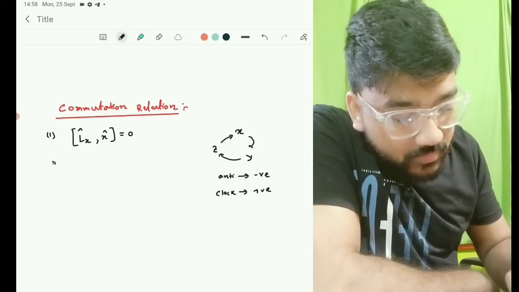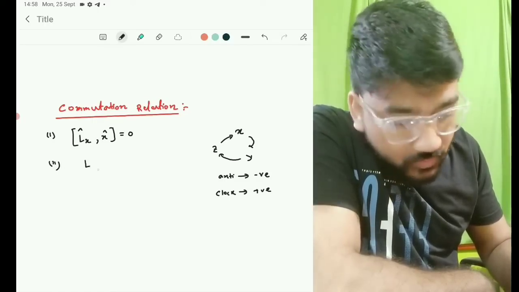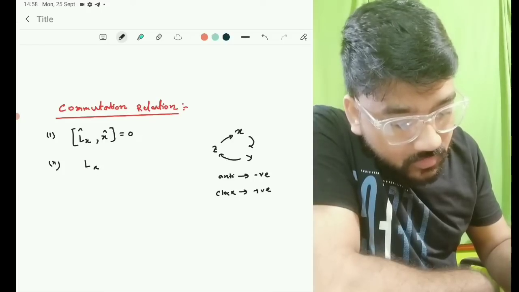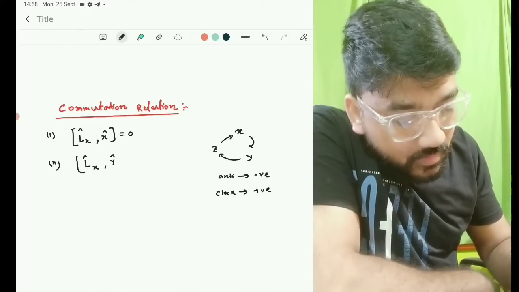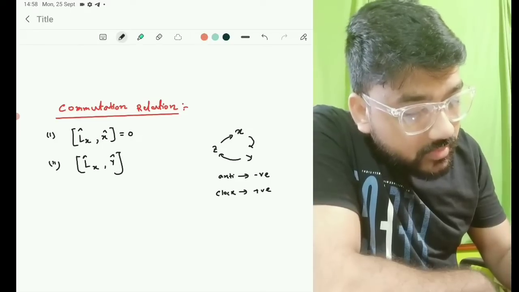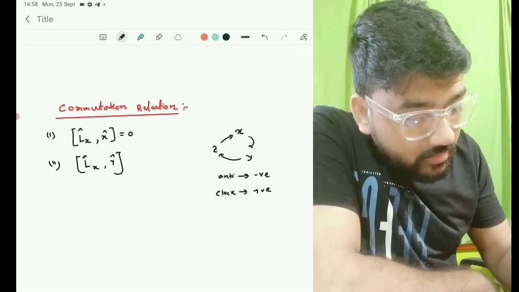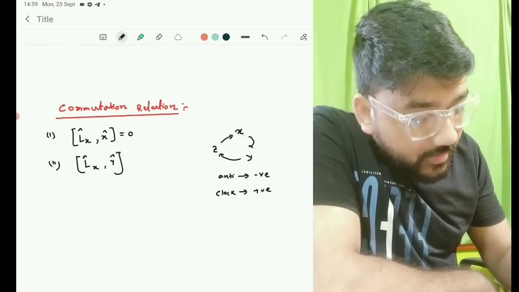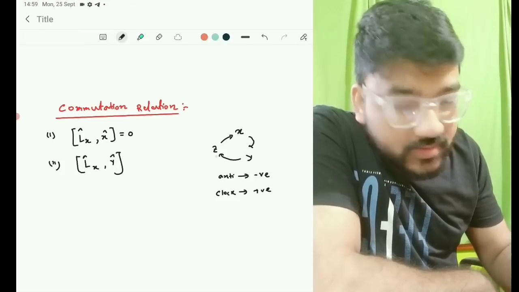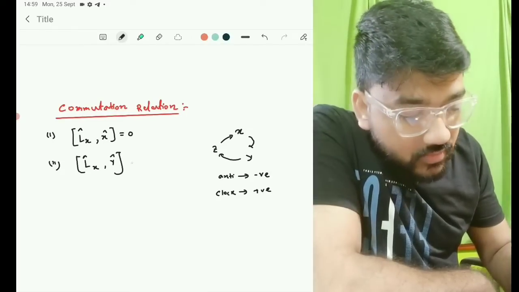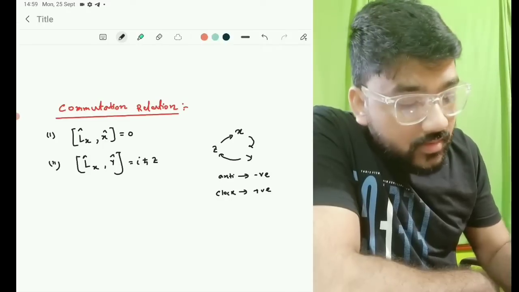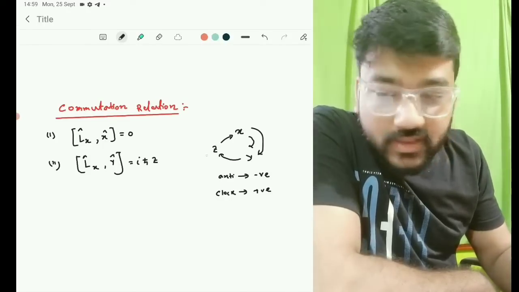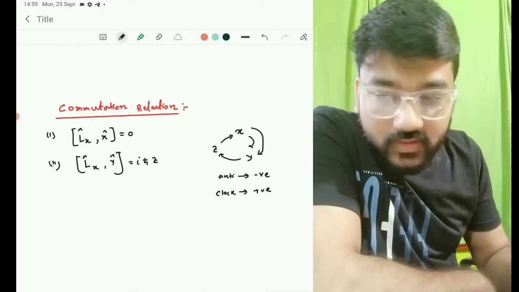But if you talk about Lx with y, then what will happen? x to y, that means you move clockwise, so you will get z, so that will be i h cross z, and this is positive because of the clockwise sense.